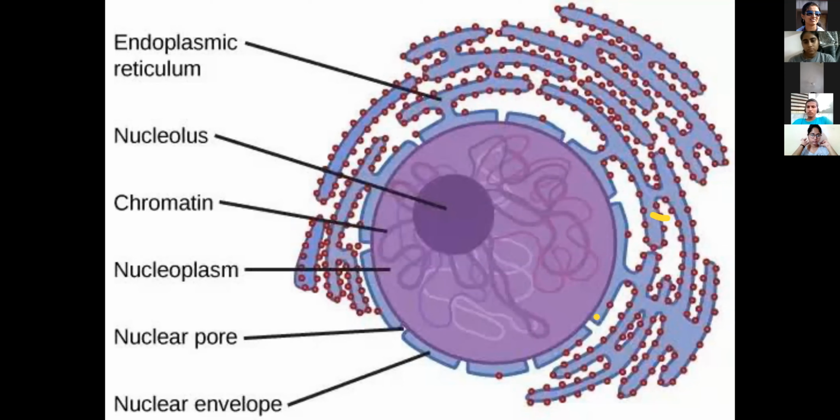So cells active in protein synthesis, in those a large number of nucleoli is present.